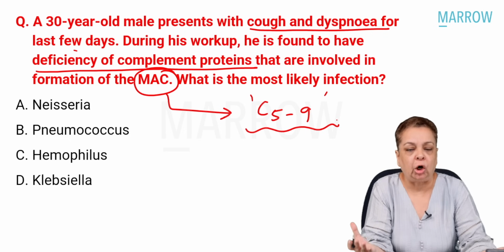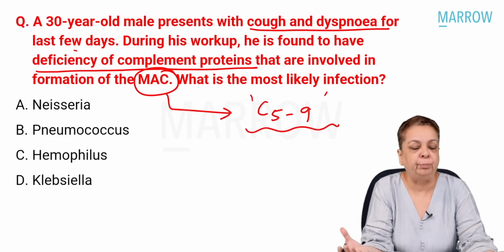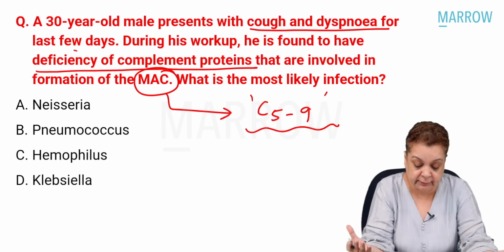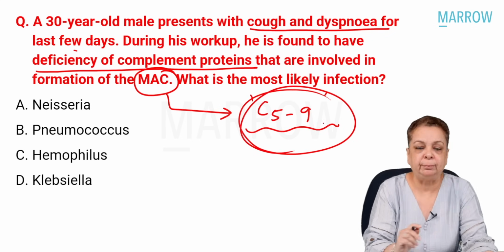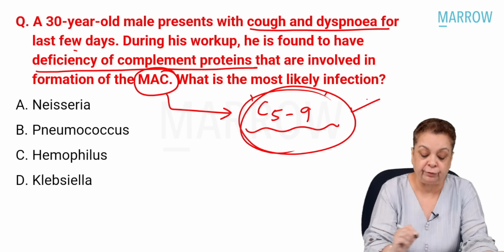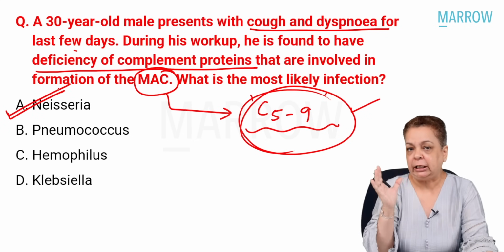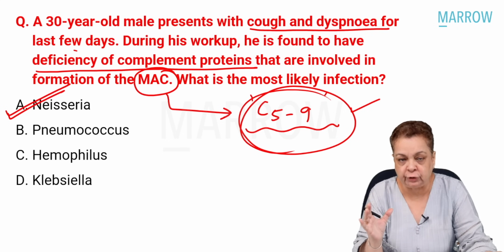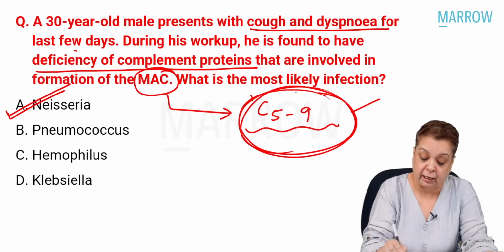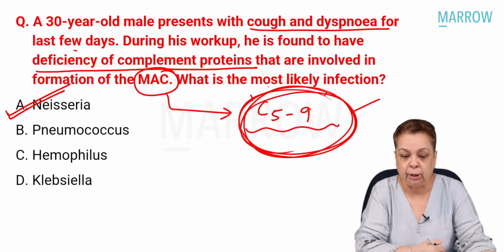Deficiency of terminal complement proteins involved in the formation of the membrane attack complex, and we know the most important association in such individuals is Neisseria. There is a 1,000 times increased risk of Neisseria infections in patients who have deficiency in either of these complement proteins.